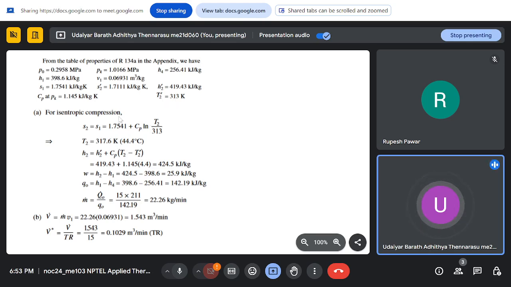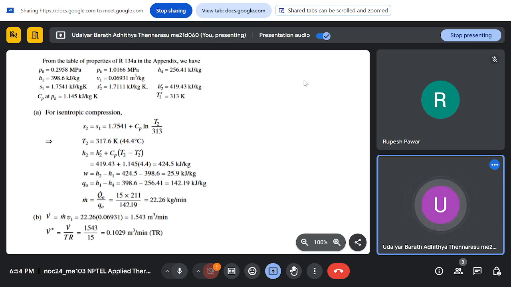So the rise in temperature is 4.4, into Cp of 1.145. That will give you enthalpy as 424.5 kilojoule per kg, which is your exit enthalpy of the compressor.